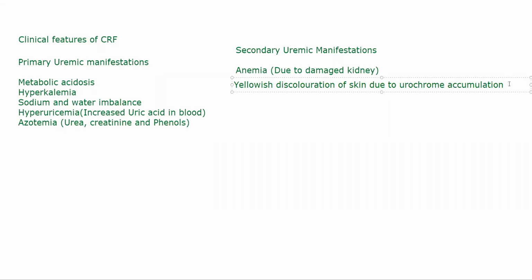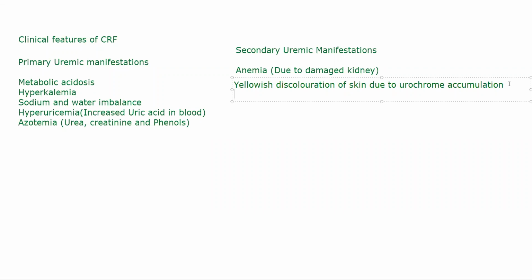Then we have cardiovascular manifestations. Now think of it this way. If there is sodium and water imbalance, and if there is sodium and water retention in the body, what happens? Hypervolemia will occur. Total blood volume will increase because somewhere or the other the water has to go if it is being retained. At one point, the total amount of blood in your blood vessels and in your body will increase.